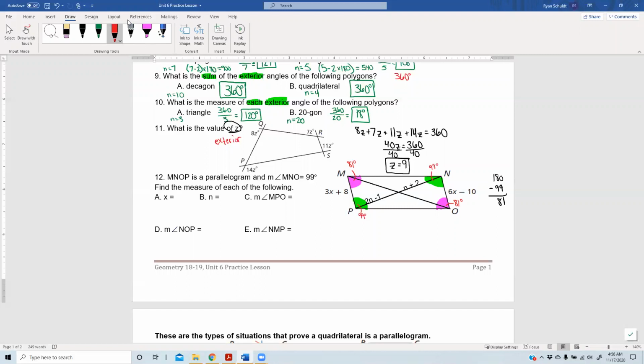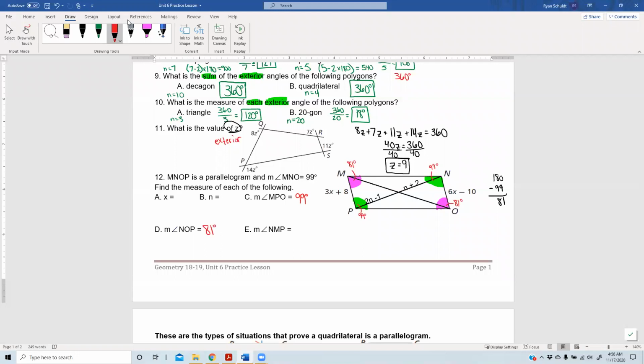Let's see. It says the measure of angle MPO, so this green angle down here, we said that was 99 degrees. The measure of angle NOP, we already said that was 81 degrees.